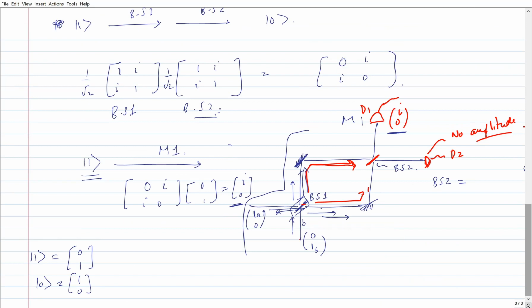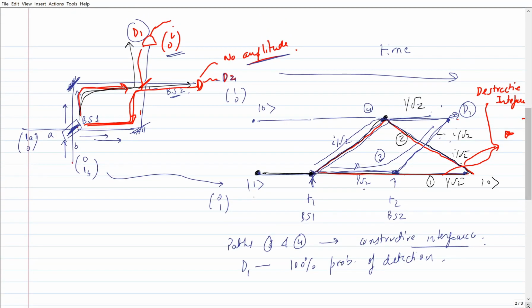Essentially, if you look at it, this matrix multiplication is nothing but a sum over all these paths. This matrix multiplication carries all the information of the path computation we do.